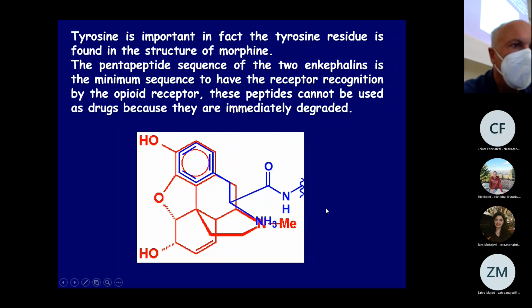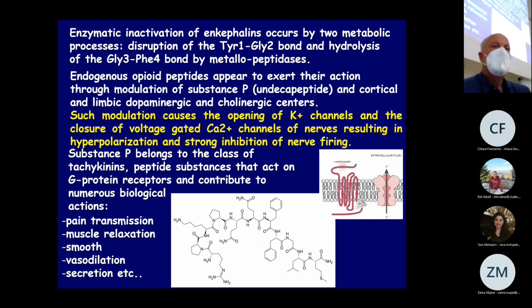So, dear students, we start again. As I told you before, this type of pentapeptide with a painkiller activity is not stable and can be hydrolyzed on the amidic bonds by specific peptidases, metallopeptidases, you see.